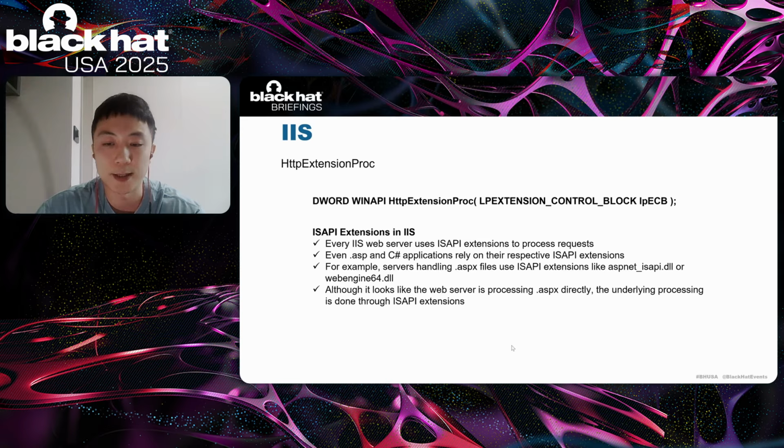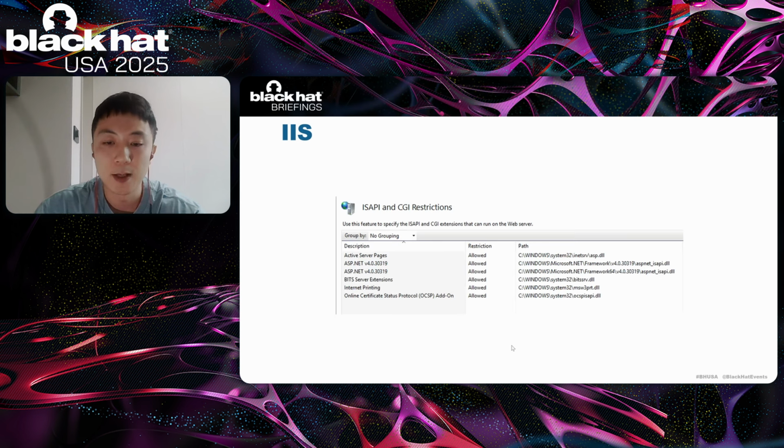It's worth mentioning that common web servers using C# or ASPX are also supported at the core by Windows built-in IIS API extensions. Through IIS API and CGI restrictions, we can find the IIS API extensions used by different services.